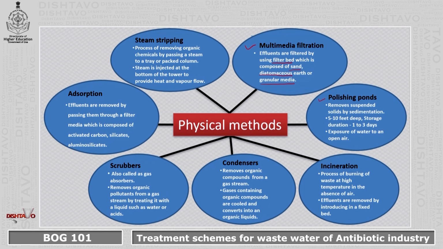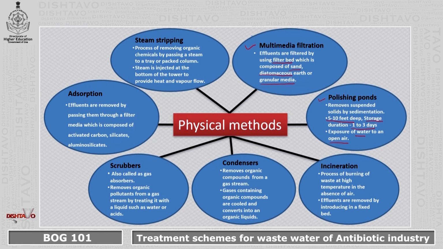Polishing ponds, also called lagooning, remove the remaining suspended particles after the secondary effluent treatment. It is around 5 to 10 feet deep. The storage duration is 1 to 3 days. In this polishing pond, the water is kept in an open pond in a natural condition with full exposure to open air.